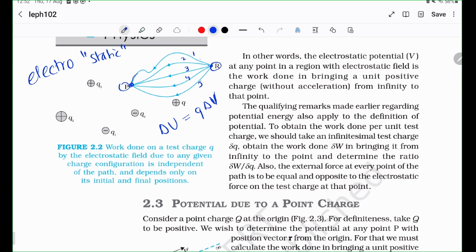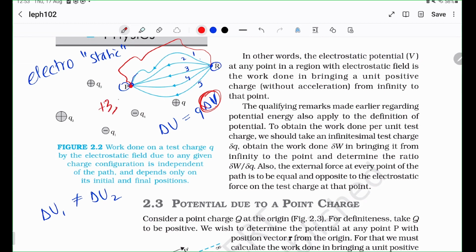I think you can sort of understand why potential is so sacred only in the case of conservative fields. Because if the work differed, if your delta U was different for each path, if delta U was different for path 1 and path 2, then maybe I could define an arbitrary different path and I would have a different potential energy. Then how can you define something called a delta V, right? The delta V would differ for every path. Then it would make it almost useless because this point P could have any number of potentials.